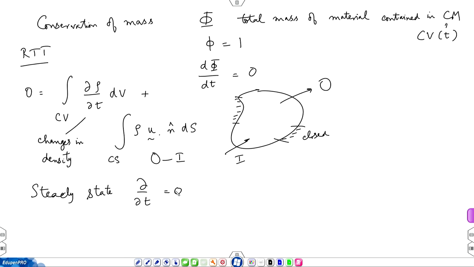Okay. But the moment you open the door, some flow of air will take place, and then transients will get set up. Okay. So, steady state is a very important special case, because then the first term becomes 0.